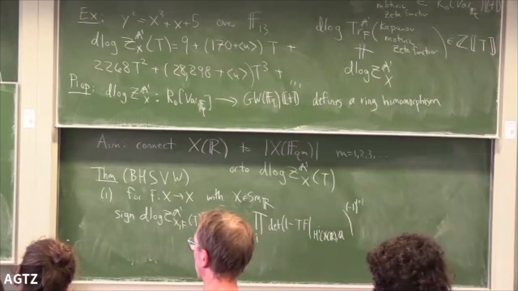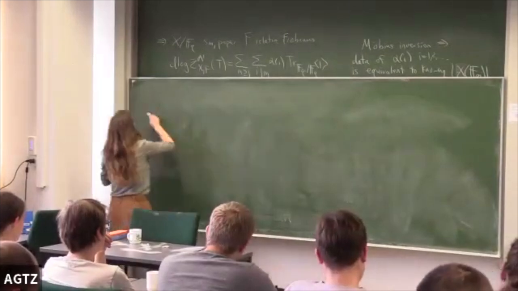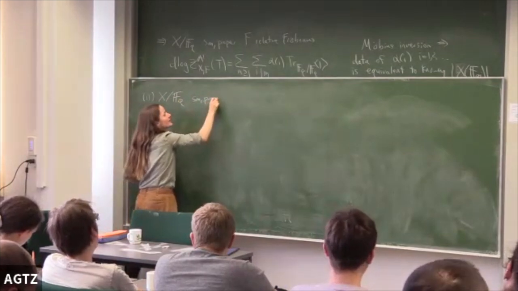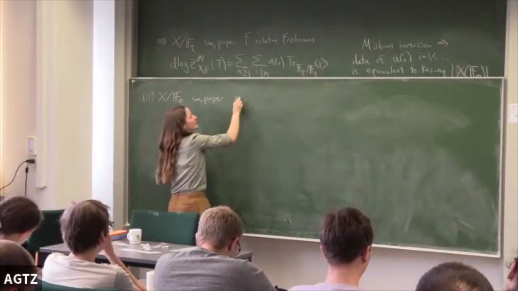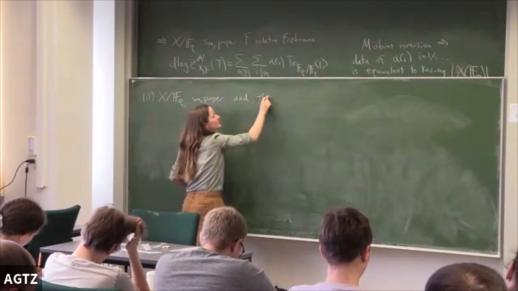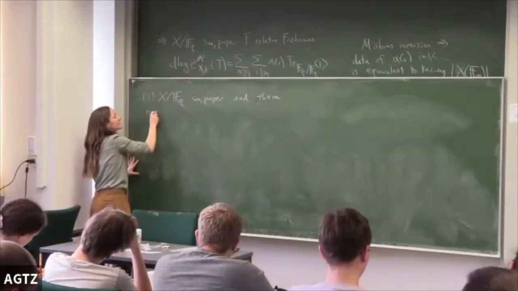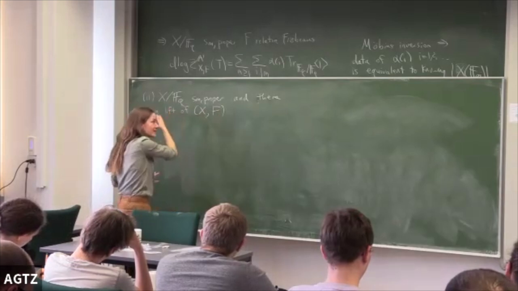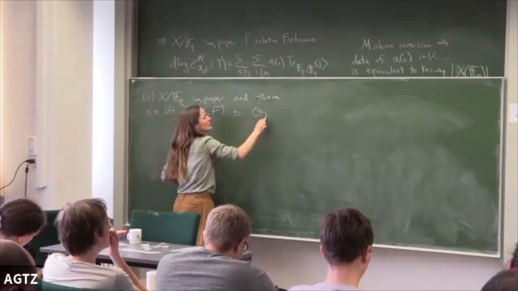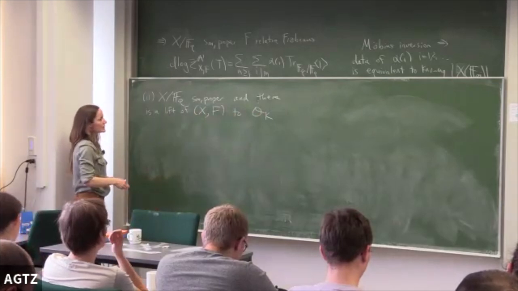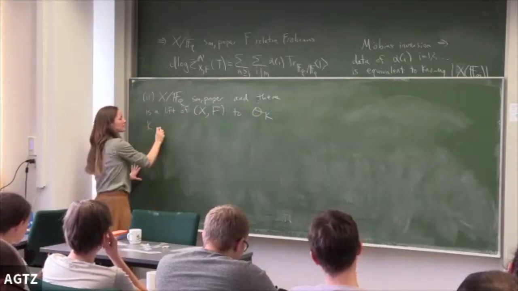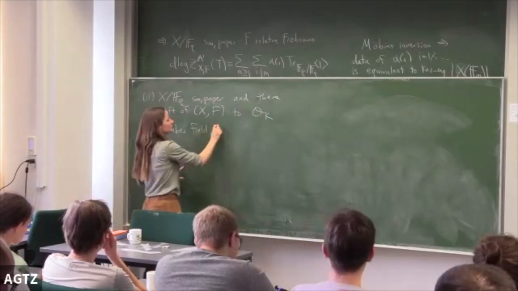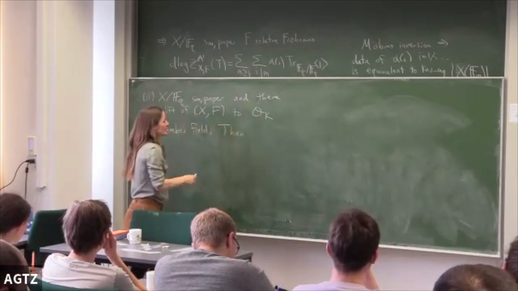Two: f: X over F_q is smooth proper, a very strong condition, and you have a lift, a lift of X and its Frobenius to the ring of integers of some number field, then you get a lift.